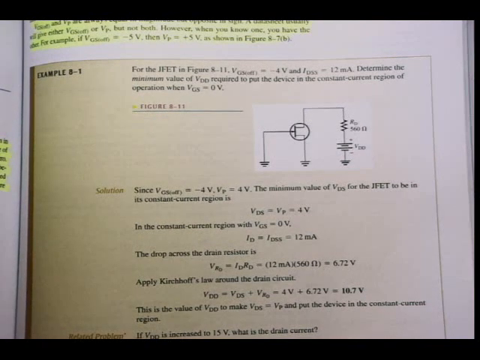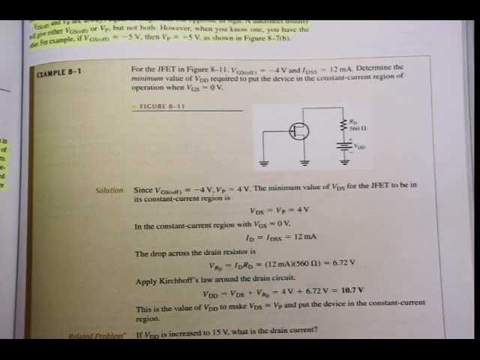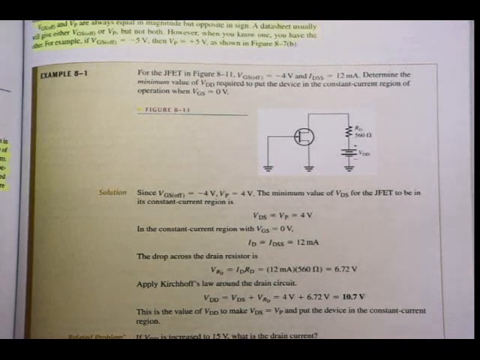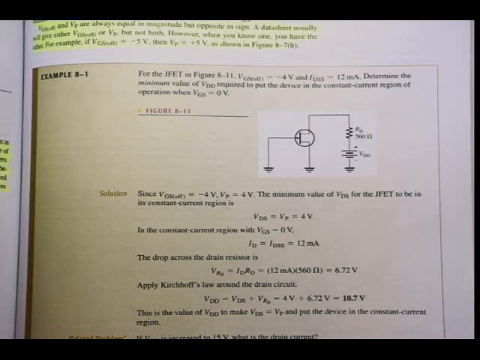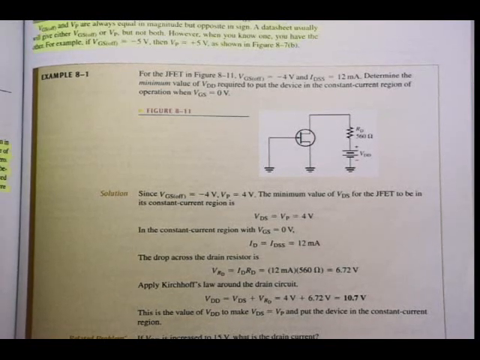In the constant current region with VGS equal to 0 volts, ID, the current that flows through the device, will be equal to the maximum current. Of course, VGS is 0. There is no biasing being done, and in this case it was given as 12 milliamps.